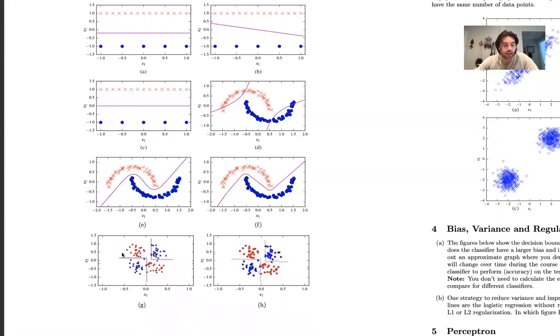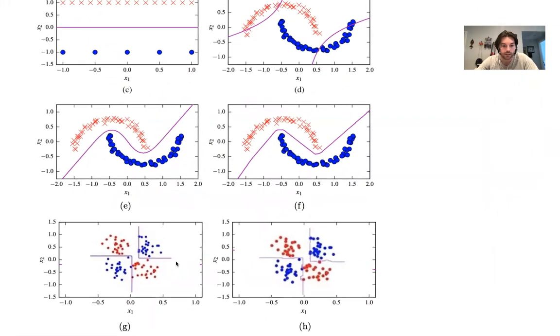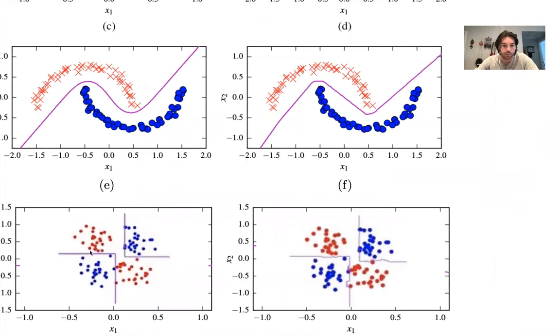Just looking at that, G and H sort of immediately pop out to us. But we notice an important distinction: G has nice, clean, linear decision boundaries along each axis, while H is a little bit not quite right. Exactly, it's an unstable line.